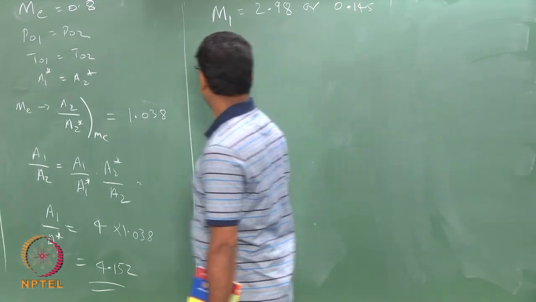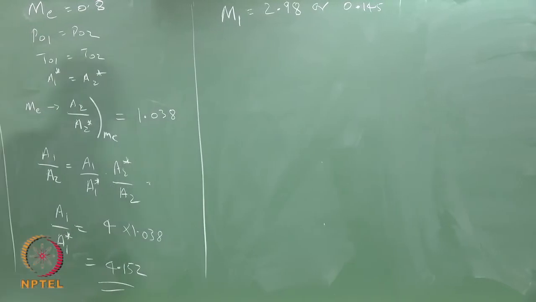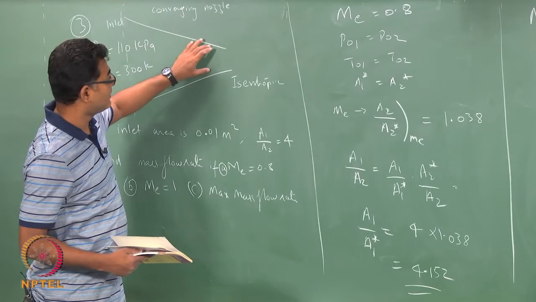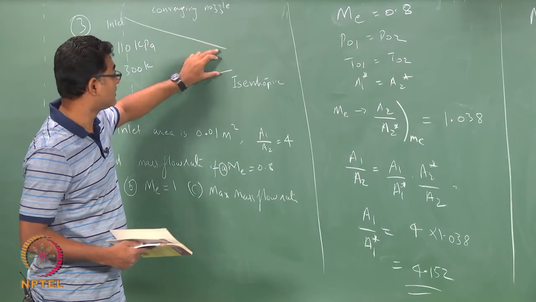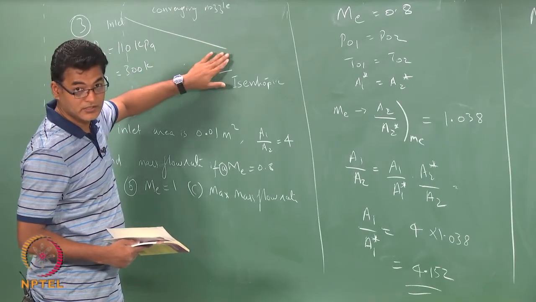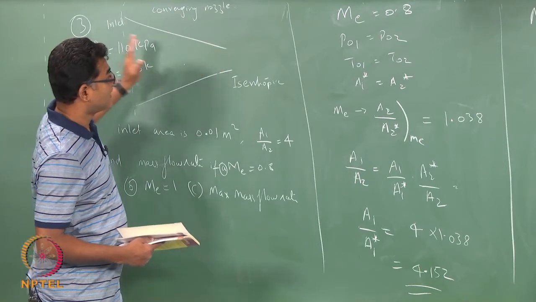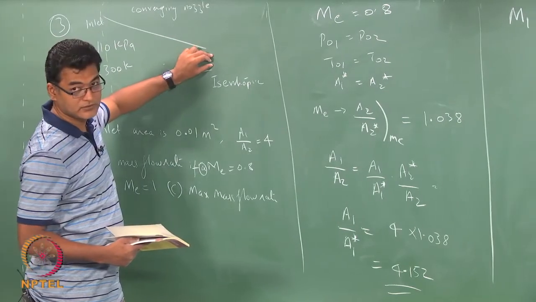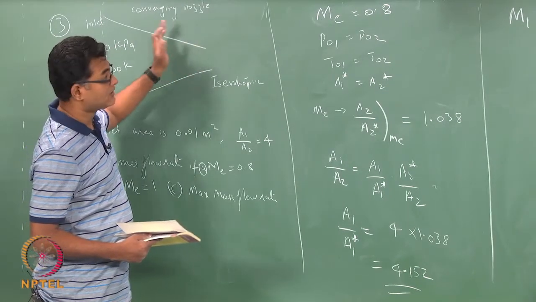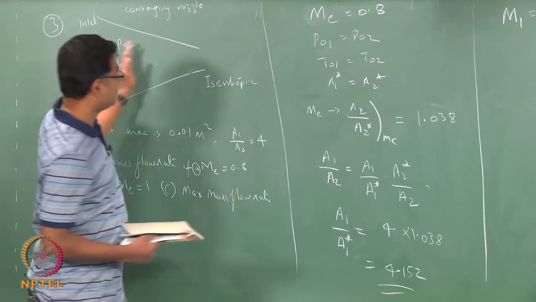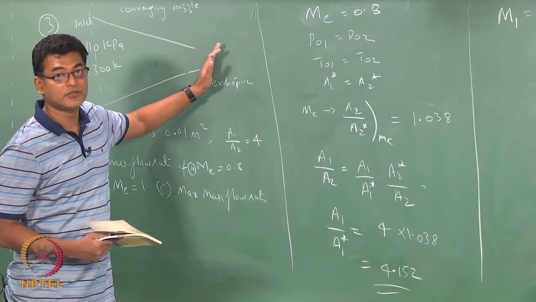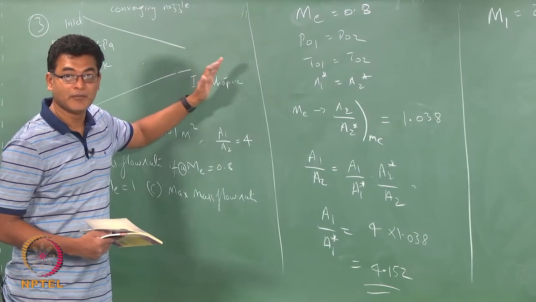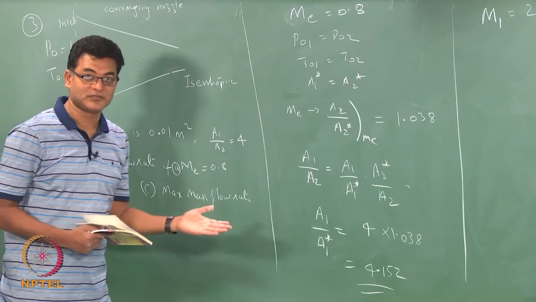Okay. So, now we have two solutions. Now, we have an increase in our velocity in our converging nozzle. So, if the inlet Mach number is 0.14, it would increase to 0.8. Okay. If it is a supersonic value, this will again decrease to 0.8, which is not possible because it has to cross M equals 1 somewhere inside, which is not possible.